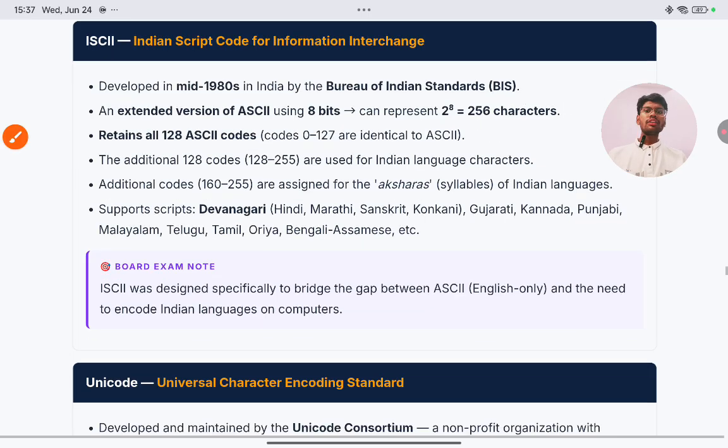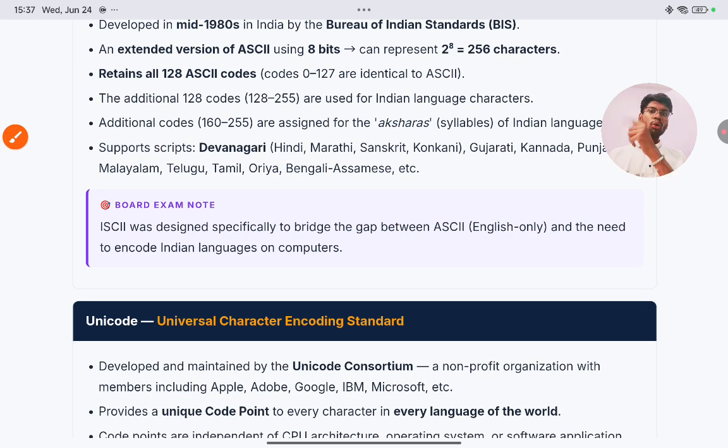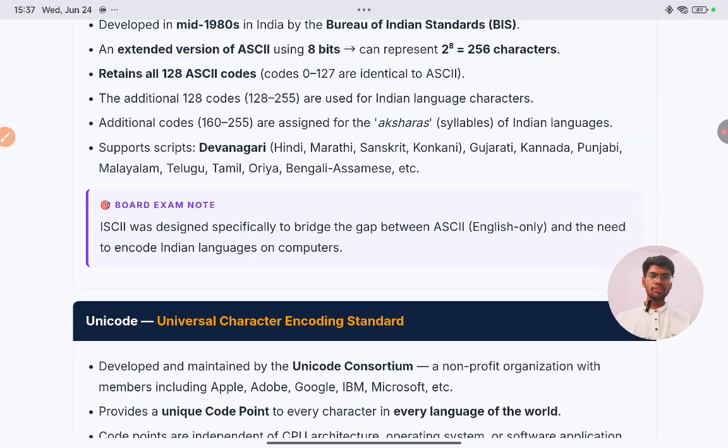The additional 128 codes retain all the 128 ASCII codes of the English language, and the additional 128 codes are for Indian languages. Therefore, the extras are syllables of Indian languages, like the scripts of different Indian languages. Devanagari script is there, right? If we use this, other languages are there.